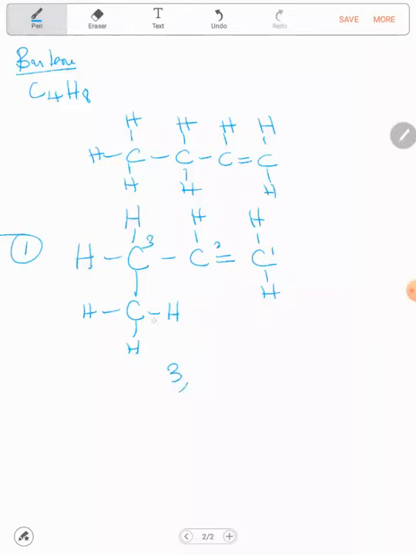The methyl group, like I said in my previous video if you haven't watched it, which alkene has 3 carbon atoms? It's propene. So we say 2-methylpropene, because my double bond is on the second carbon. Does that make sense? I hope it does.